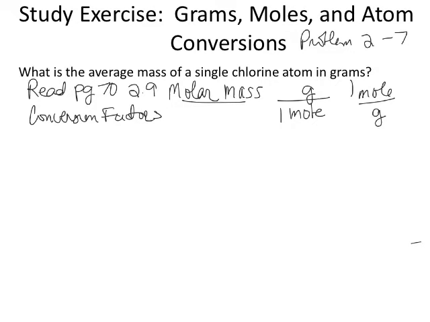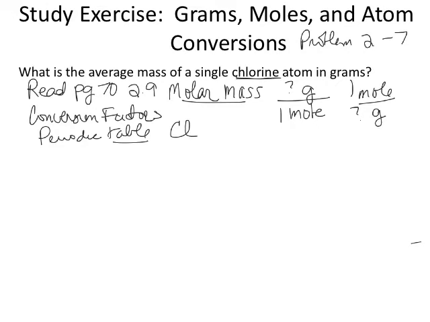So always put 1 with mole. The number that goes with your grams comes from the periodic table. So here we're talking about chlorine. And so chlorine is Cl. That's what you have to have memorized.